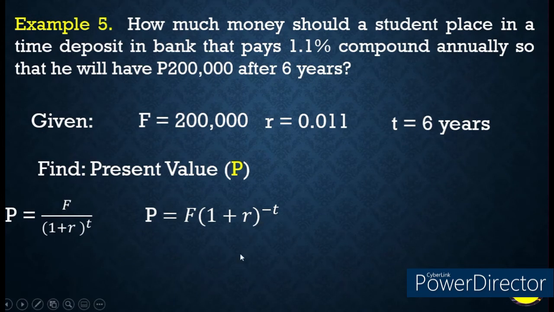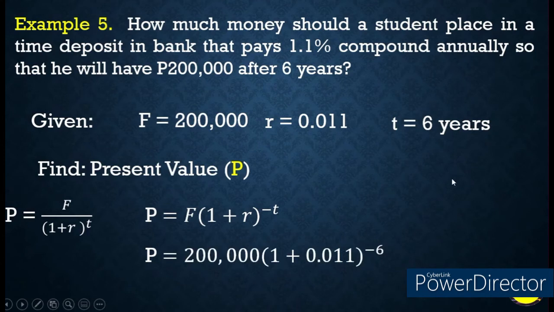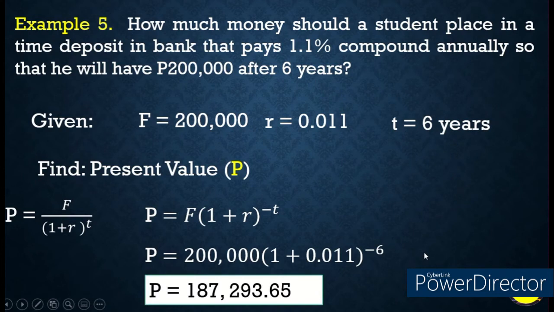So ito yung gamitin natin. So substitute lang all the given values, that is 200,000 times 1 plus 0.011 raised to negative 6. And that is 187,293.65.